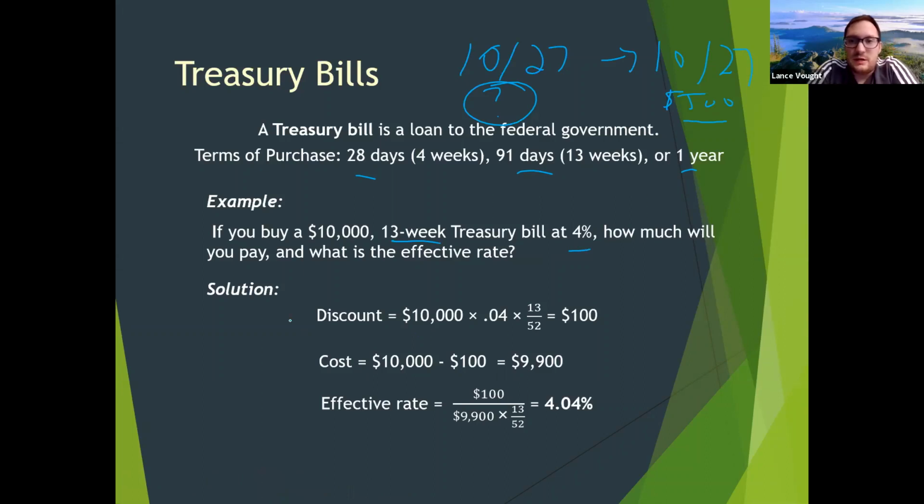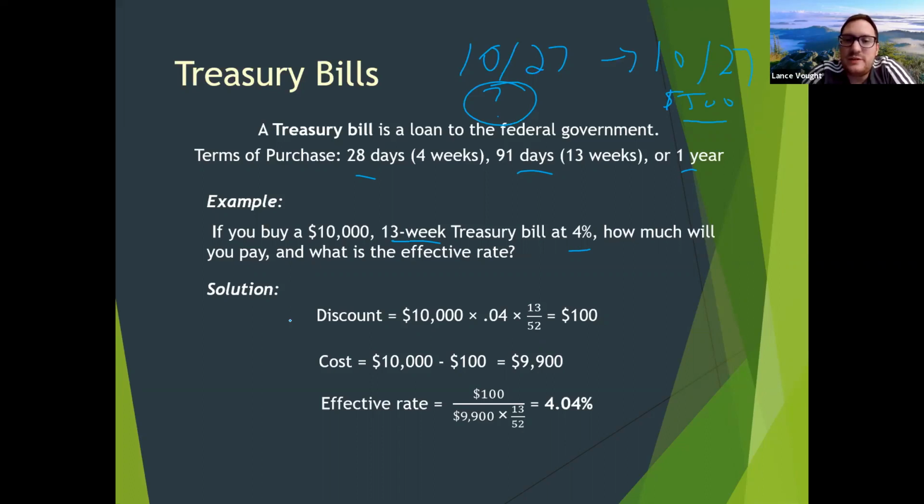So for this example, if you take out a $10,000 13-week treasury bill at 4%, basically the federal government will pay you $10,000 in 13 weeks.